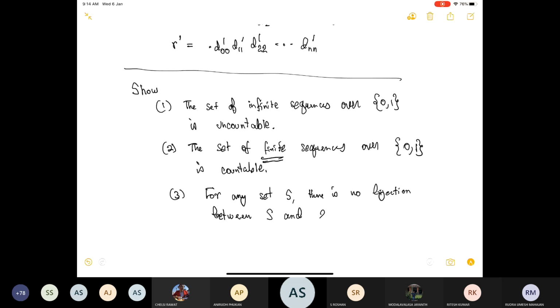And remember, S can be infinite. Just saying that if S has n elements, then the power set of S has 2 to the power n elements works only for finite sets. I'm talking about any set here.